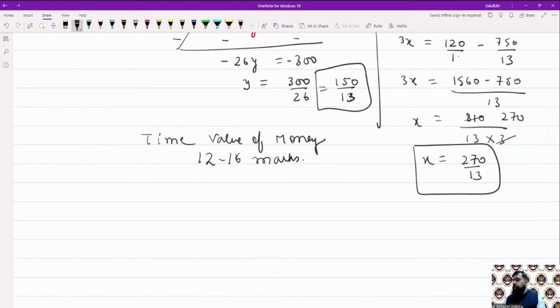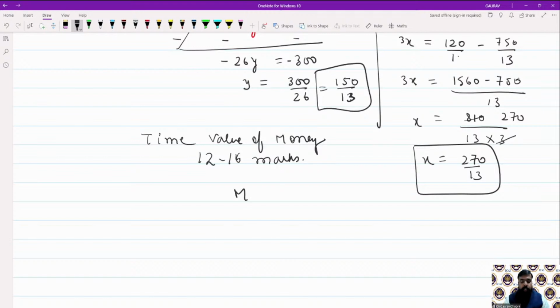After the equations chapter, the next chapter will be time value of money. And after that, we will be going for permutations and combinations. So in this way, we will be proceeding further.